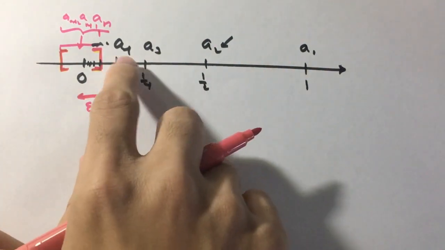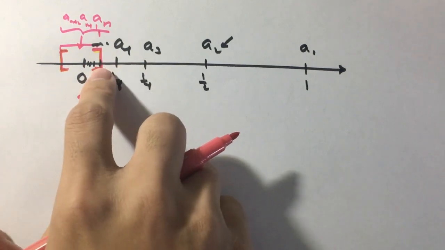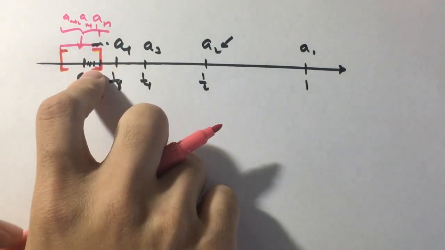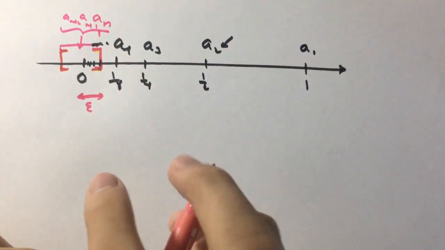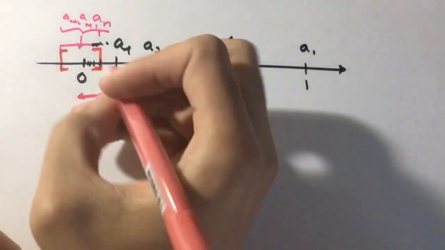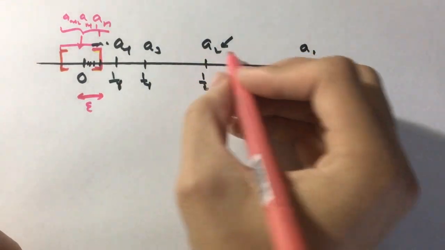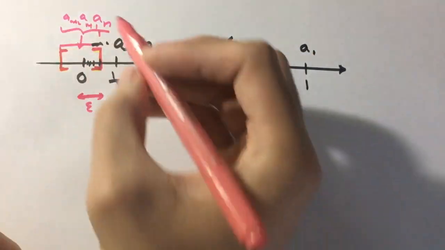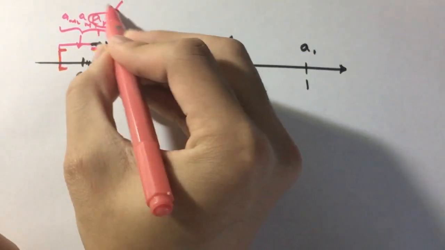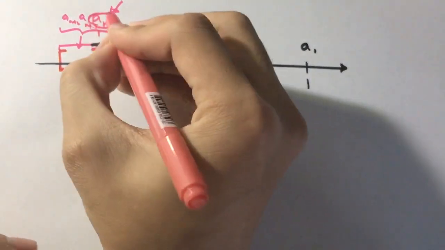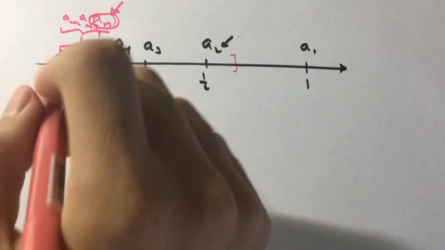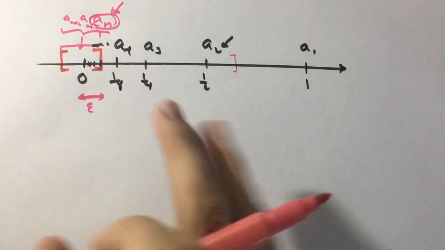So A4 might be outside the box, A5 might be inside the box, A6 will remain inside, A7 will remain inside, and the sequence will all remain inside. I can choose this epsilon, the size of the box, to be as small as you want, and you can always tell me which term in the sequence the numbers remain in the box and never leave again.